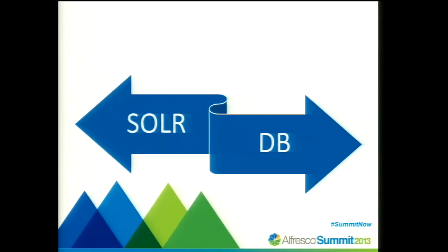So there'll be some subtle differences in ordering. I don't think it's a big deal, but you need to be aware of that, because when we pick which of the implementations we're using, sometimes it might go against the database and sometimes against SOLR, and you might just see some subtle ordering differences. And you changed your query very slightly, and the results seem to be not quite the same. That's one of the explanations why that can happen.